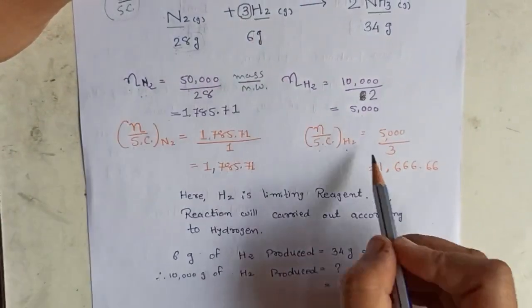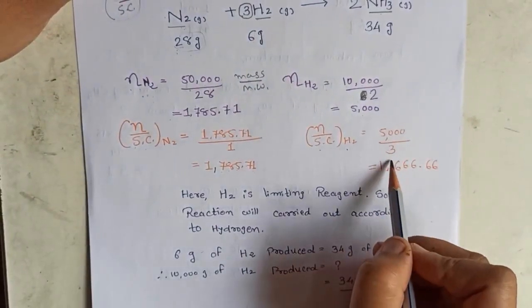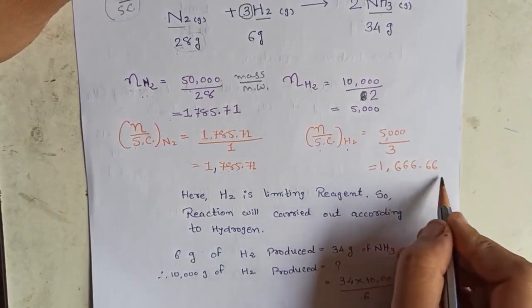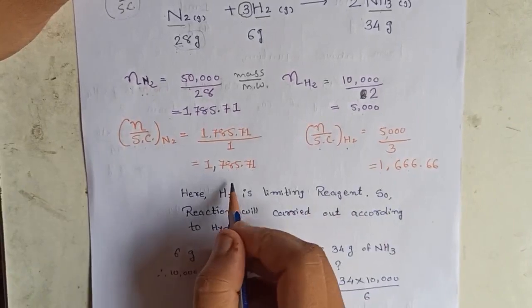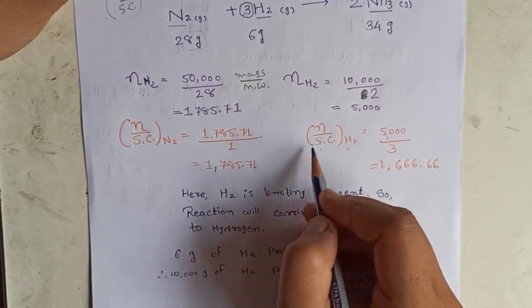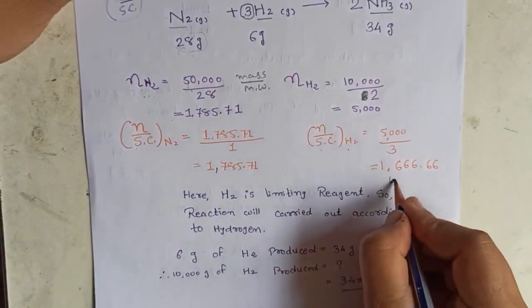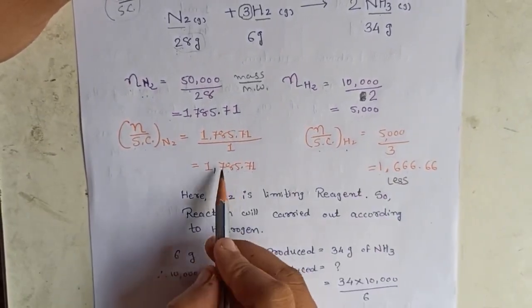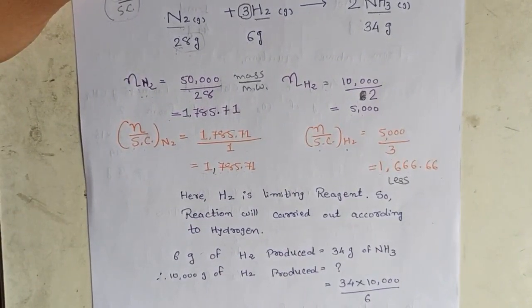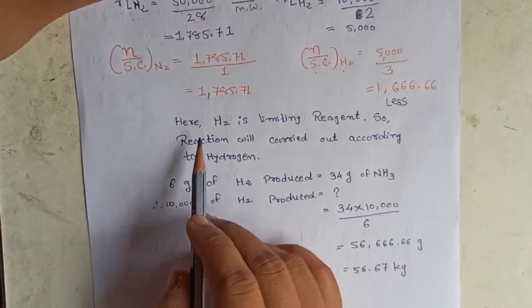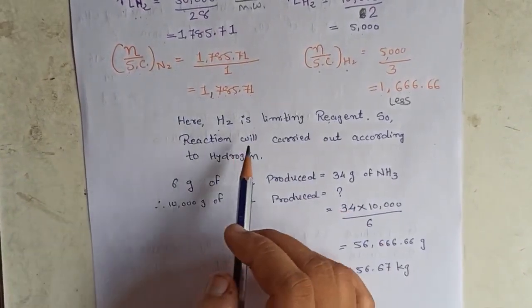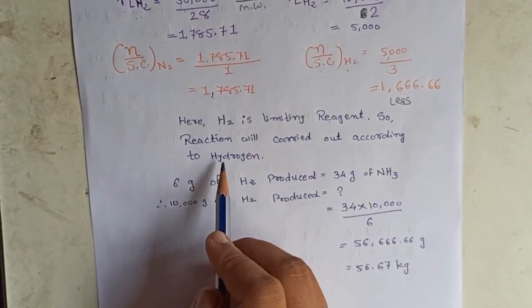So, you have to divide moles of hydrogen by 3. So, you will get 1666.66. Here you can see that the ratio for the hydrogen is less, right? This number is less compared to the ratio of nitrogen. So, we can say that here H2 is the limiting reagent. So, the reaction will be carried out according to the hydrogen.